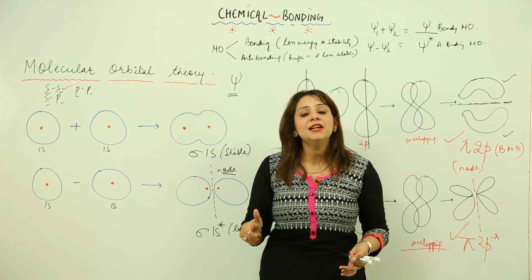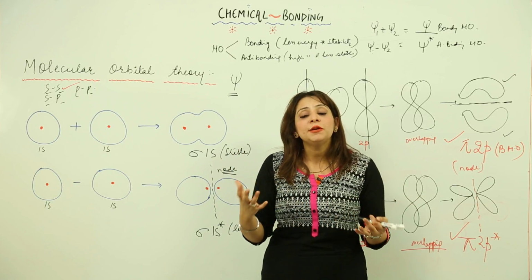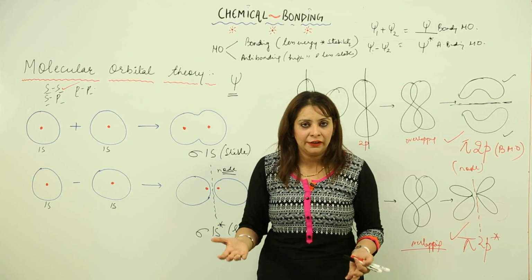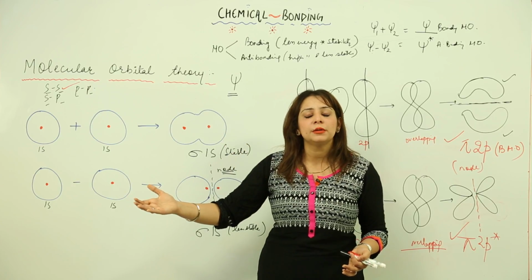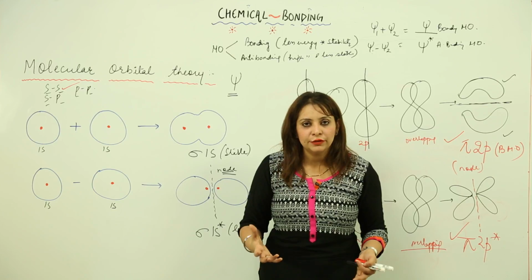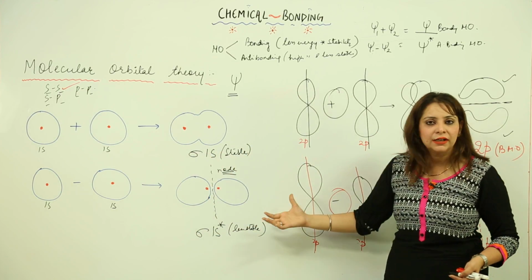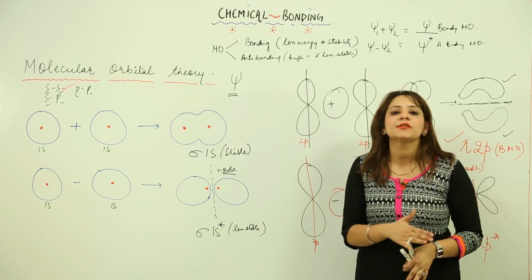But here, because 2 atomic orbitals are combining, their wave functions may add up or may subtract, we are not aware. So we can get either of two results, either by adding the wave function, or by subtracting the wave function. And for that I made you draw these figures, because it will result in the formation of two orbitals, bonding as well as anti-bonding.